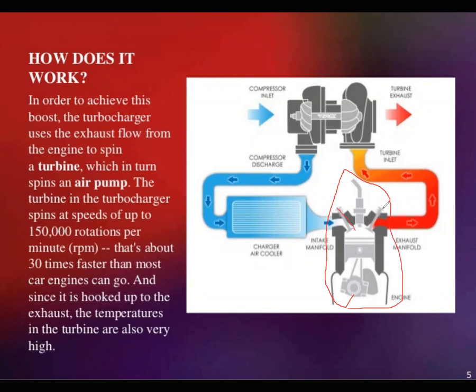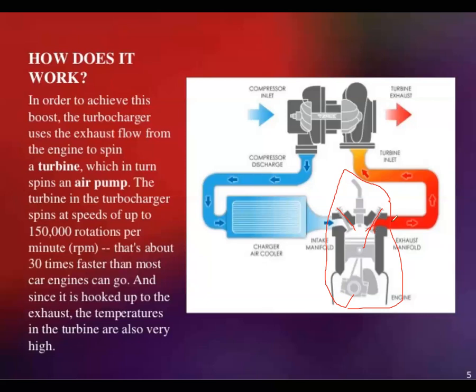This is the inlet valve and this is the exhaust valve. From the inlet valve, fresh air is entering. From the exhaust valve, through the exhaust port or exhaust manifold, the exhaust gases go out. Till now we know the exhaust gases are released into the atmosphere.